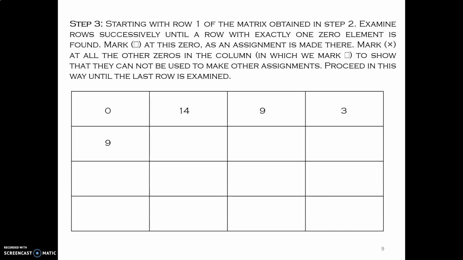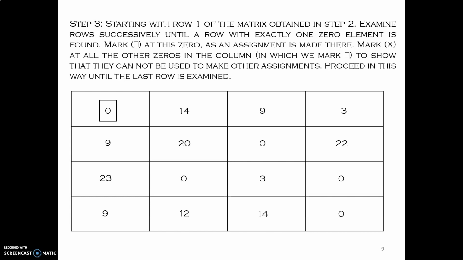Proceed in this way until the last row is examined and all the assignments are done. So I have assigned a square to zero number 1, which is C11, and this job is assigned to man number 1. If there are any other zeros in column number 1, I'll be crossing that particular zero.